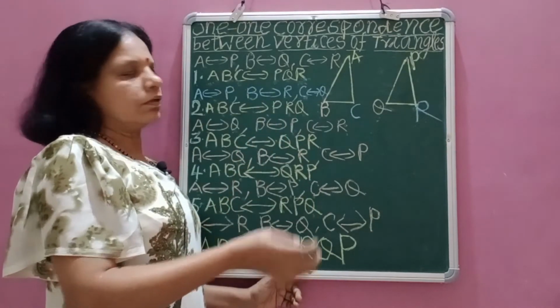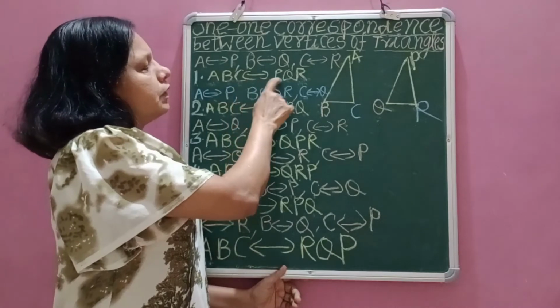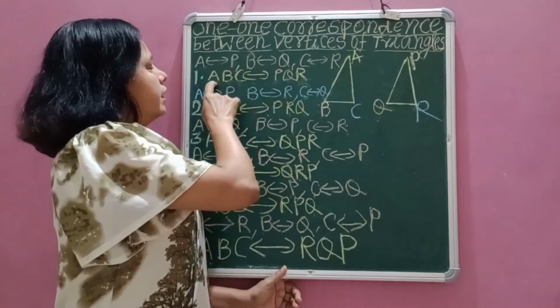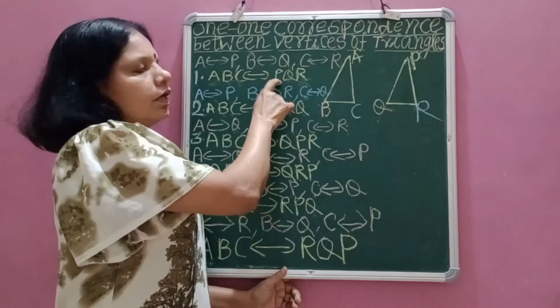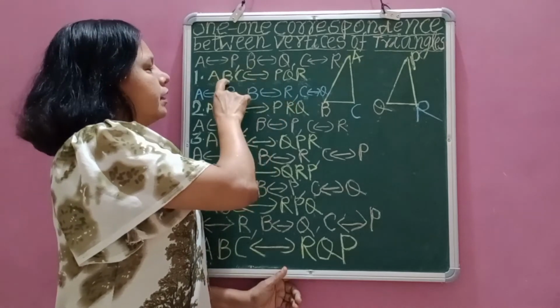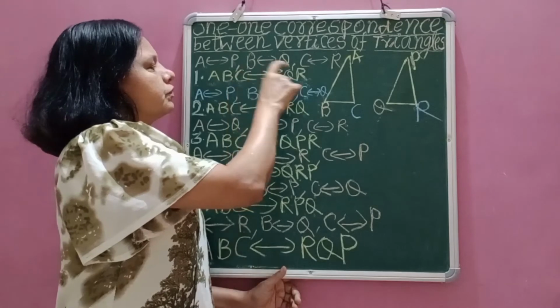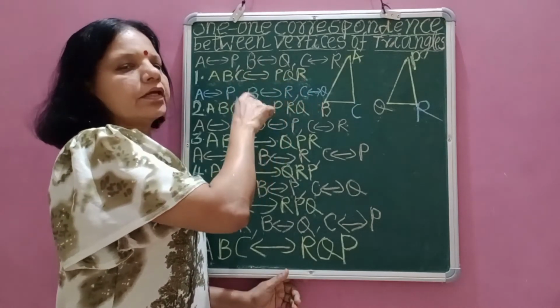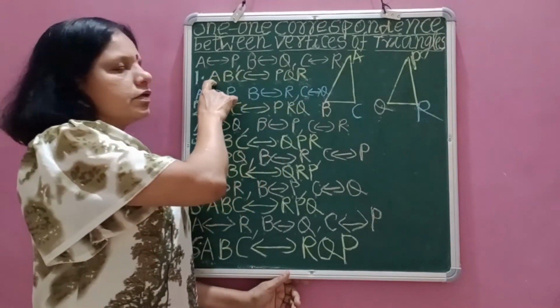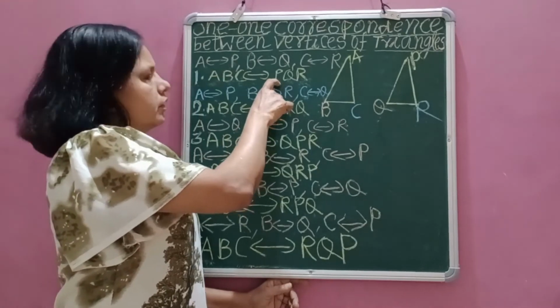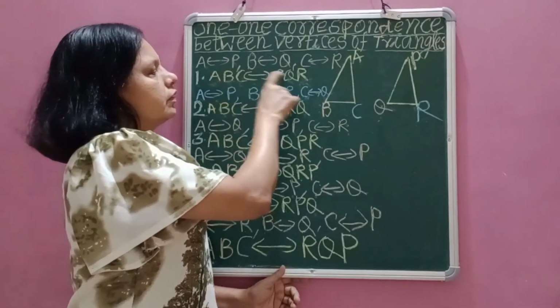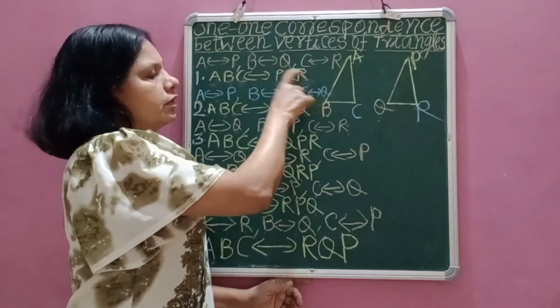If ABC corresponds to PQR, angle A corresponds to angle P, angle B corresponds to angle Q, angle C corresponds to angle R. Take in the same order: first letter here, first letter there; second letter, second letter; third letter, third letter.